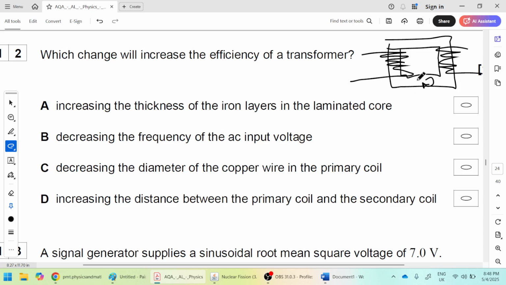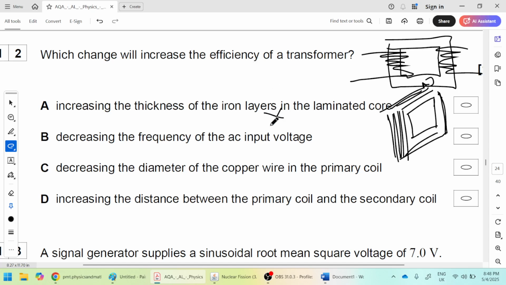So to reduce the effect of that, they make it out of laminated sheets of iron. If you increase the thickness of the iron layers in the laminated core, it will increase the eddy currents, which will lead to heat generation inside the core, which will decrease the efficiency. So that's not an option.